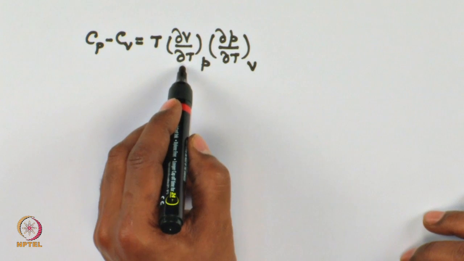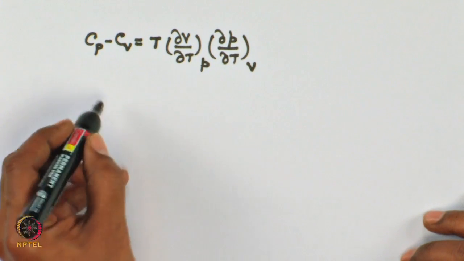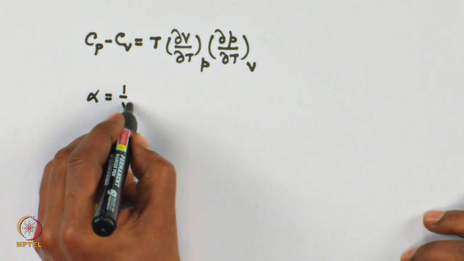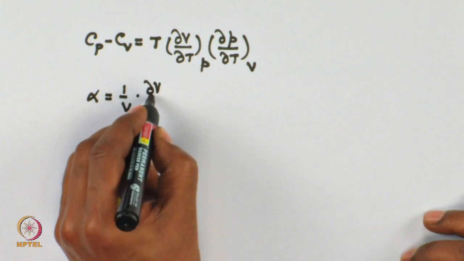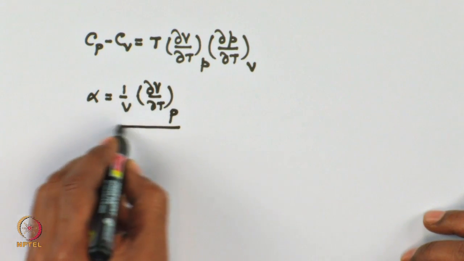You remember that earlier I introduced the expansion coefficient alpha, which is 1 over V into ∂V/∂T at constant pressure. This is the expansion coefficient.